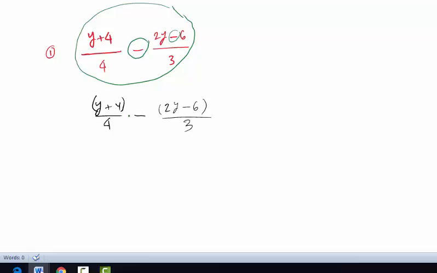Now if so, then the next line of this expression would be y.